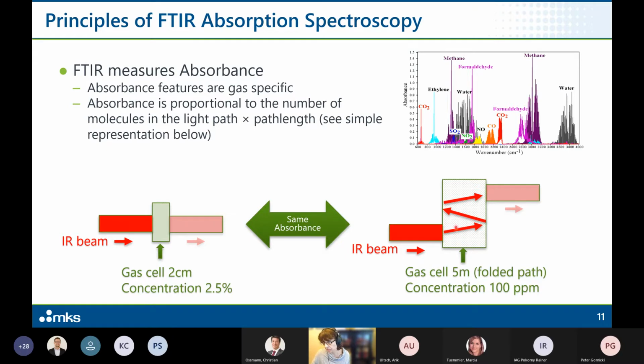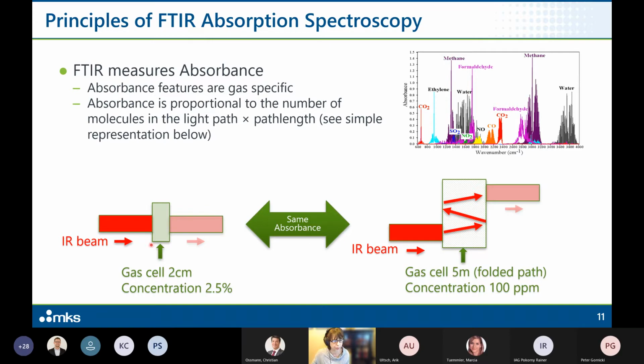that shines through the gas cell, because there's a folded path and a long path length, the light goes through all this sample and gets partially absorbed, and you're left with much less light in the outcoming beam, and that's where you get your absorbance. If the concentration is fairly low but the path length is high, you get a certain absorbance.